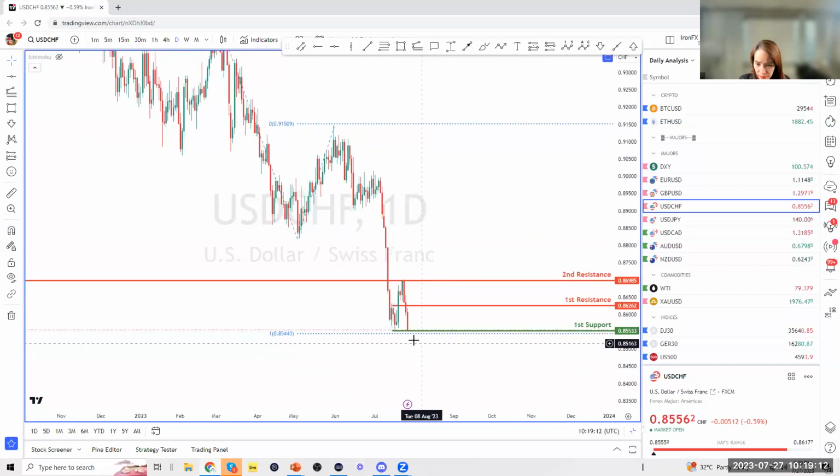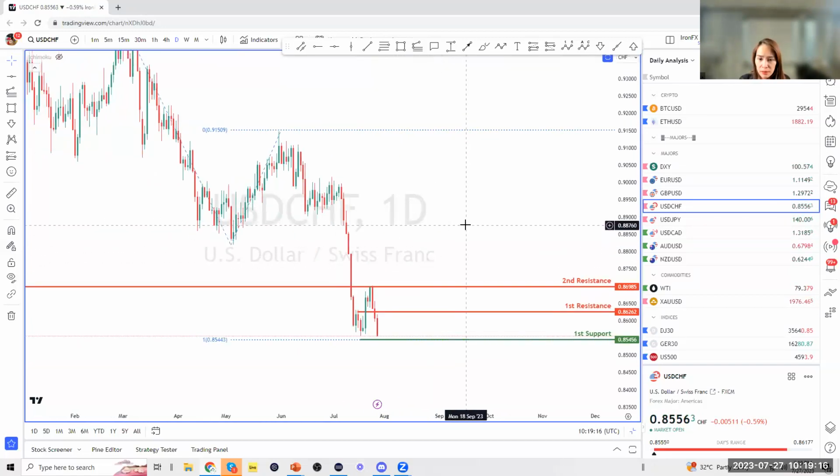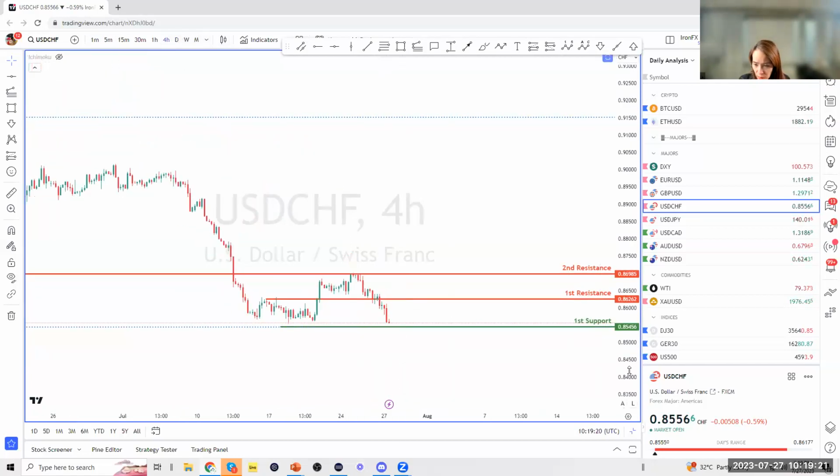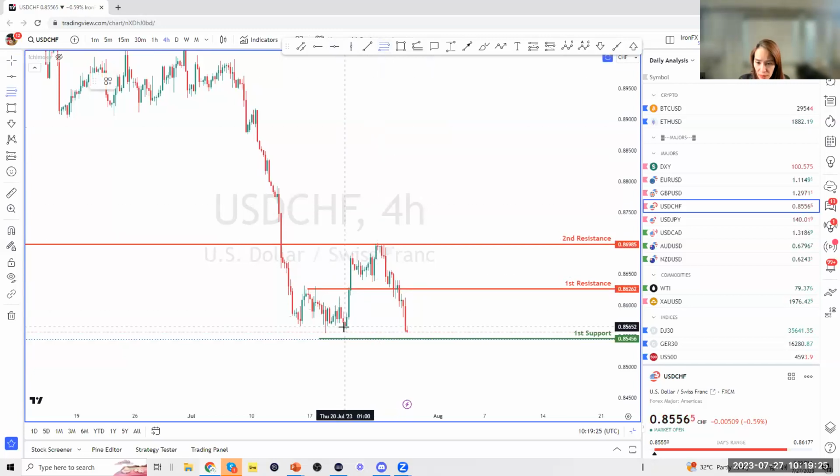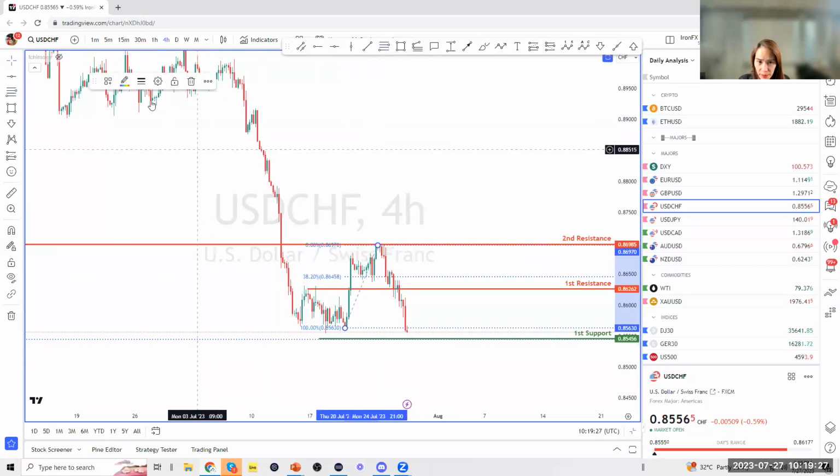Here I just put it somewhere here. Okay, and then what we can use to support our technical analysis is we can draw Fibo either from here to here.